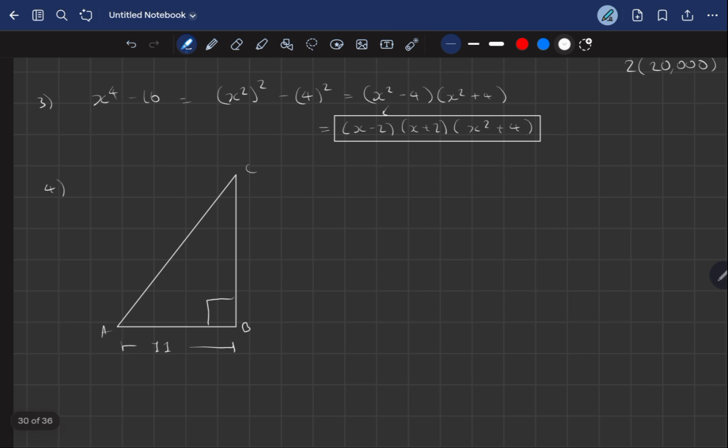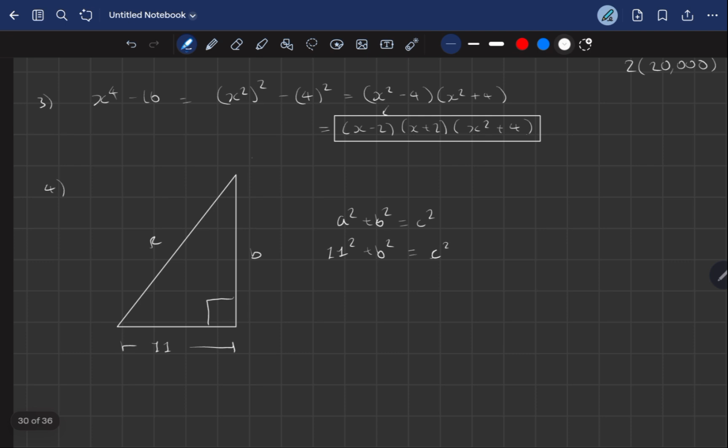Now let's write this as B, and let's write this as C. From Pythagoras, we know that a squared plus b squared is equal to c squared. In this case, that means 11 squared plus b squared is equal to c squared.